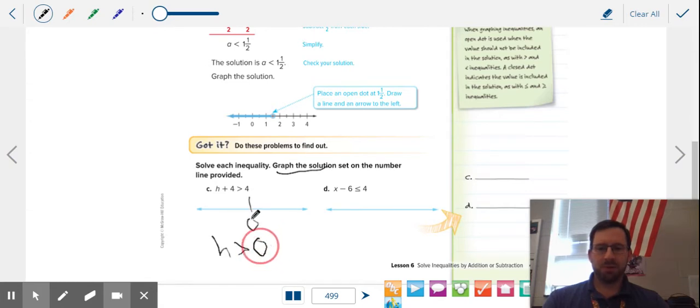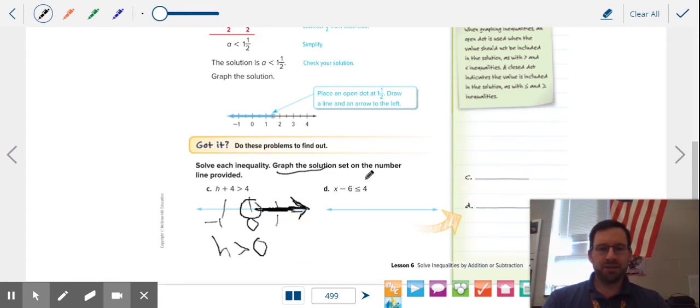I always put my number in the middle. I do one bigger. I do one smaller. And I just count by ones to make it easier. Now, greater than does not equal 0. So when I go to start this, I don't include 0, right? Don't include it. And which side is bigger than 0? This side. So when I go to shade the graph in, I shade in the bigger than side.